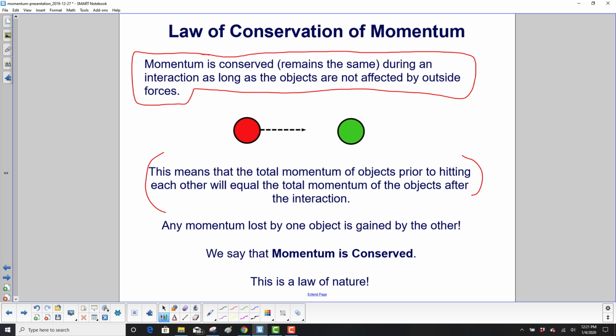The total momentum of objects prior to hitting each other or separating from each other will equal the total momentum of the objects after the interaction, as long as there is no external or outside force. Any momentum lost by one object is gained by the other. Right? If you had a negative momentum, negative x, the other object would have to have a positive momentum, plus x. We say that momentum is conserved. This is a law of nature. It works all the time.